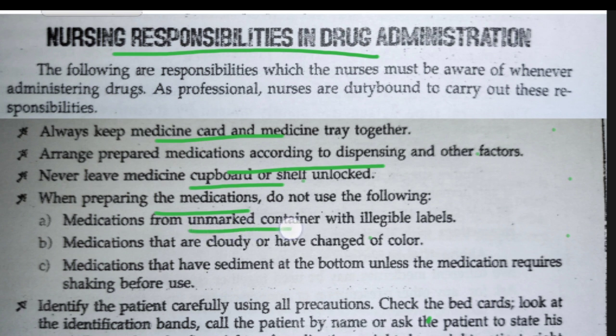And if the medicine is opened and has changed its color, then don't give it to the patients. And before giving any bottle tonics or solutions, you need to shake them well, because the sediments present in them get deposited at the bottom. If you shake it well, everything will be mixed, and then you can provide it to the patient.